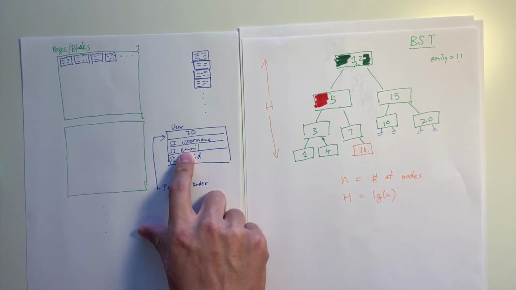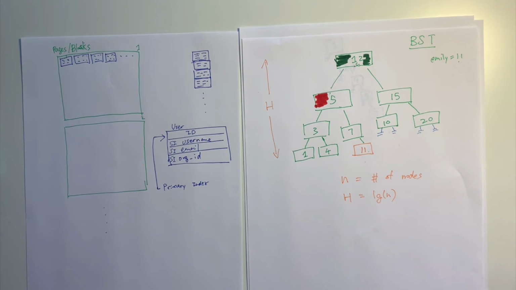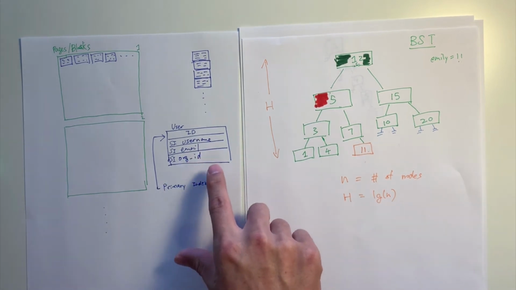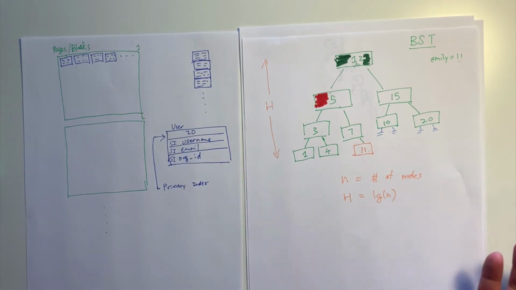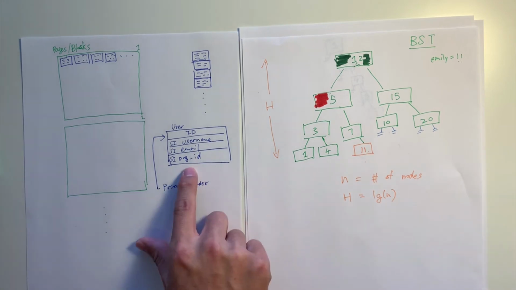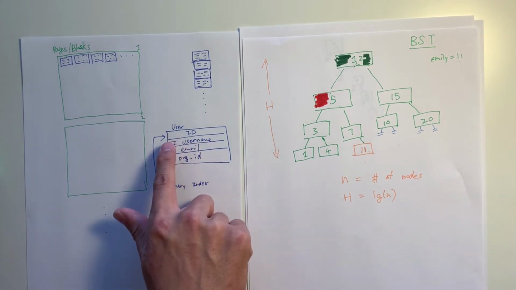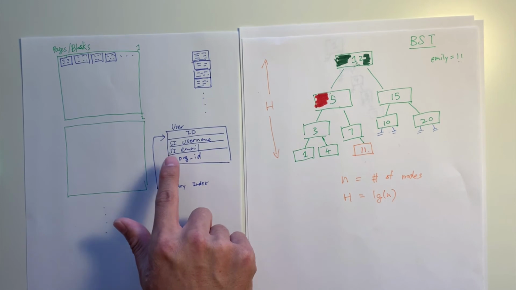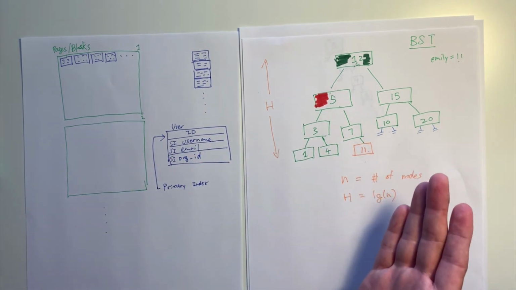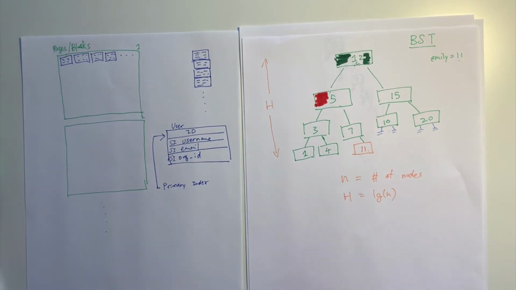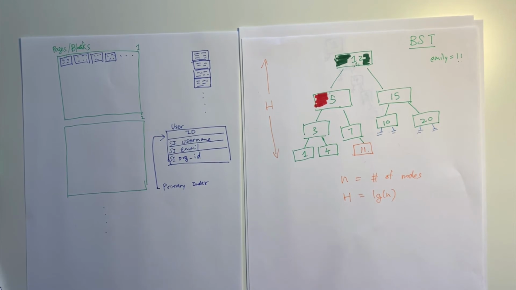If we decide to index a lot of different columns, updating, inserting or deleting a user, we'll have to go in and update maybe one or more of the indexes, and each one will take log n time. However, that can still add up. Even log n time, if you add up a lot of those, can still be a lot. So that's why we don't tell people to just index everything.